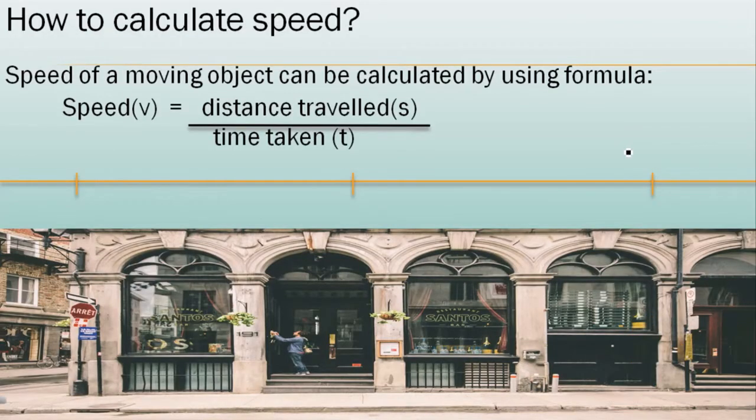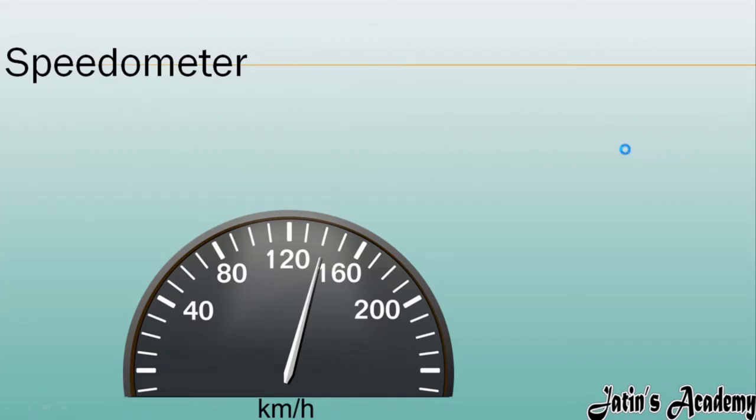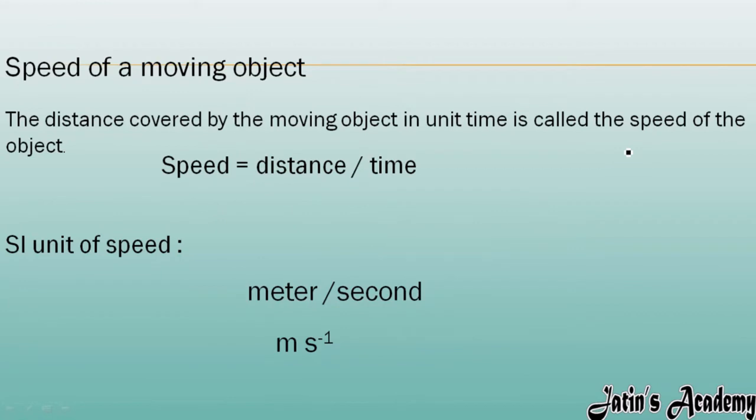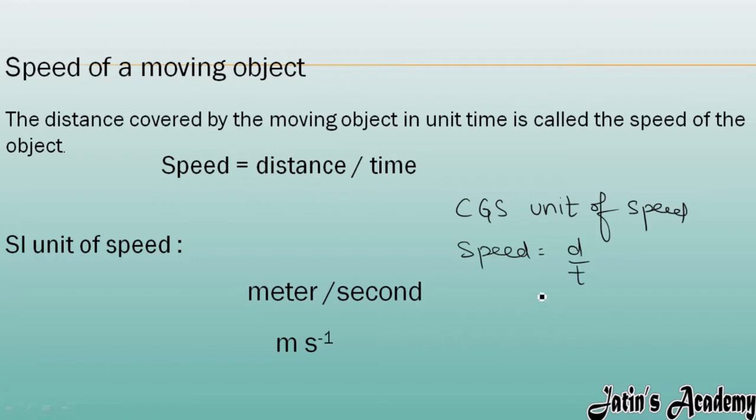One thing more in this speed topic. Here we have discussed the SI unit of speed. Here I want to tell you about the CGS unit of speed also. So see how to calculate the CGS unit of speed. We know speed equals distance upon time. Fine. So here distance is what? In CGS, actually, C means centimeter, G means gram, and S means second.